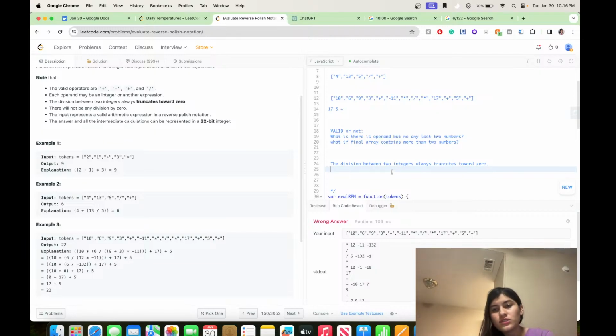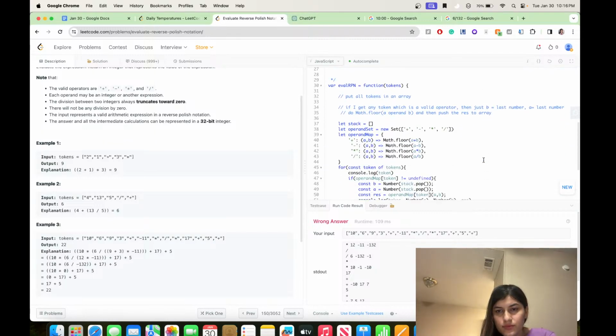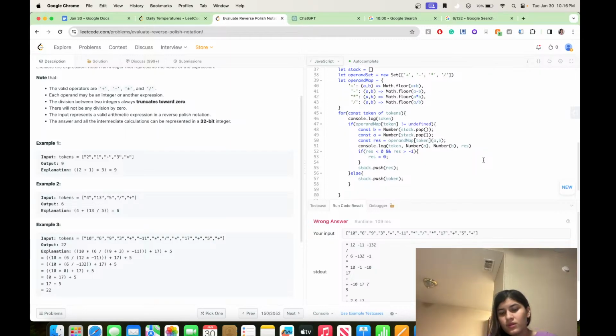The division between two integers always truncates towards 0 means, I don't even know what this means. What does this mean?